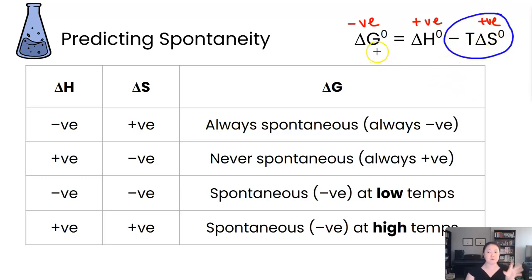And so if you want to ensure that this entire side of the equation ends up being negative, you want high temperatures, because a big temperature number is going to make this value a lot bigger, and that's the bit that's going to give you that negative. And so at higher temperatures, you're going to have spontaneity.